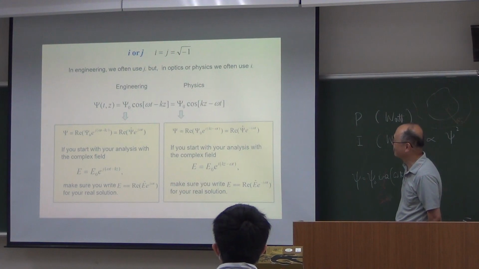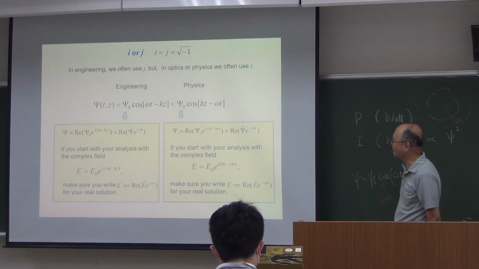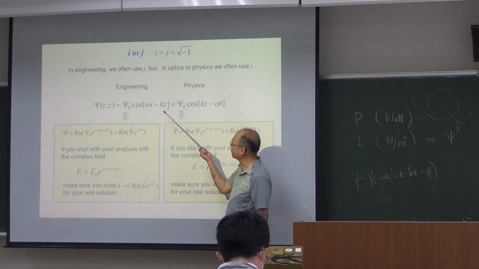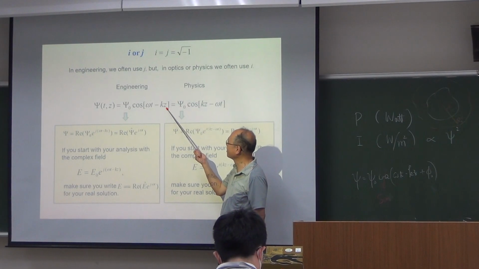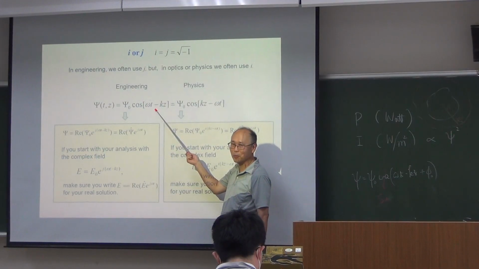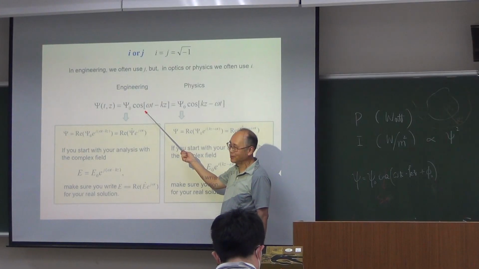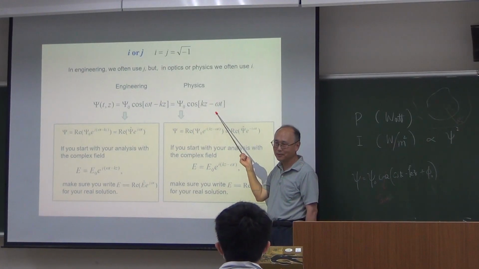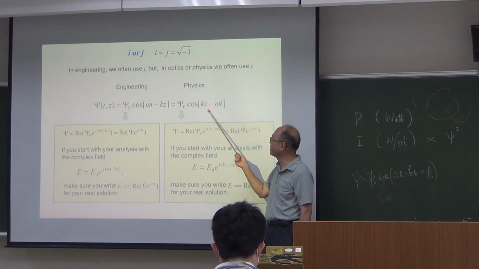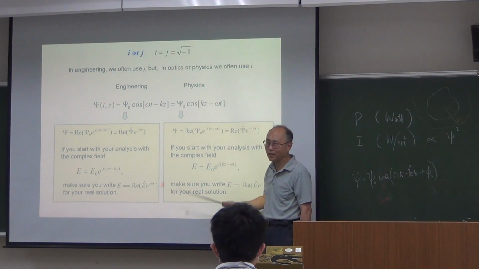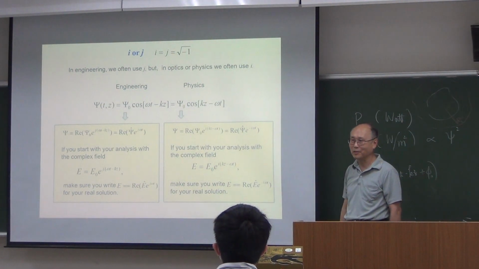But people do not adopt the same convention of the starting phase of a sinusoidal function. Okay. In engineering textbook, the sinusoidal function for the wave is written more like this: omega t minus kz, and cosine is a periodic function. So the same thing can be written into this: kz minus omega t, because it's a periodic function, and z and t is up to your definition.